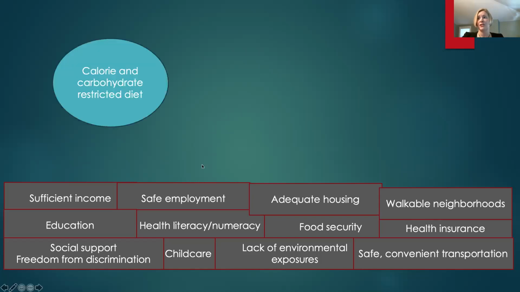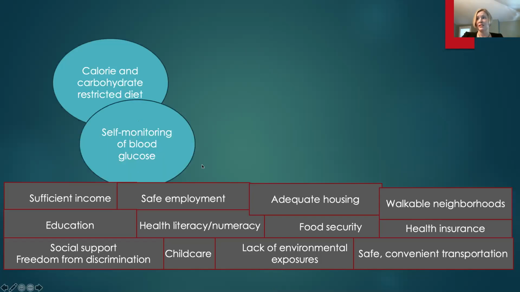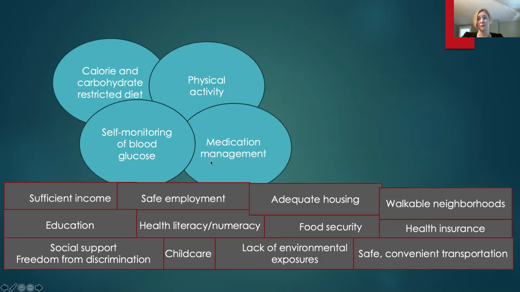We ask our patients to adhere to healthy calorie and carbohydrate restricted diets with fresh and non-starchy vegetables and whole grains. We recommend self-monitoring of blood glucose and adjustment of sometimes incredibly complex medication regimens requiring injections 4 times a day. We recommend 150 minutes of moderate physical activity per week.